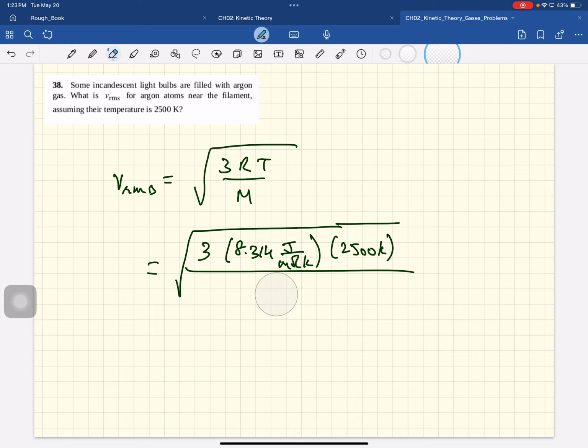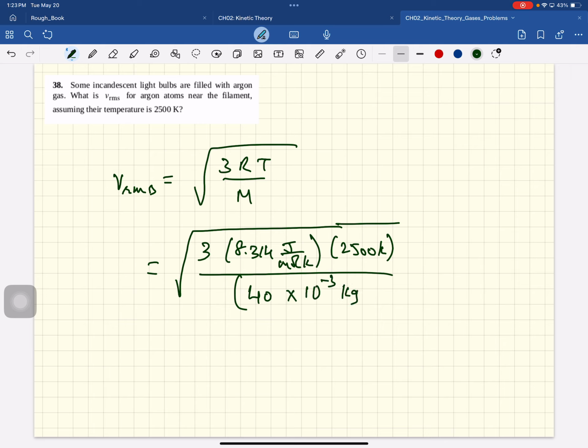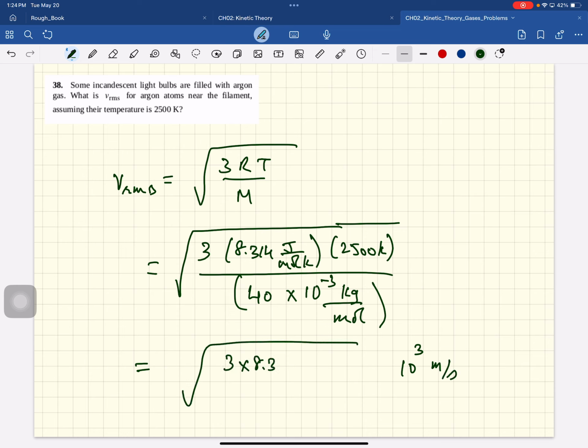40 grams, 10 to the minus 3 kgs. Each gram is that many kgs per mole. So we'll make this 10 to the 3. That'll come up 10. It'll become 10 to the 6. Square root of that is 10 to the 3. Okay, so 10 to the 3 meters per second. 3 into 8.314 into 2.5 divided by 40.